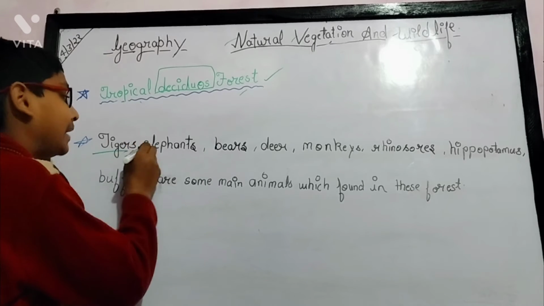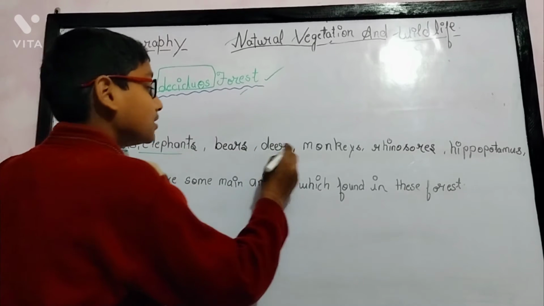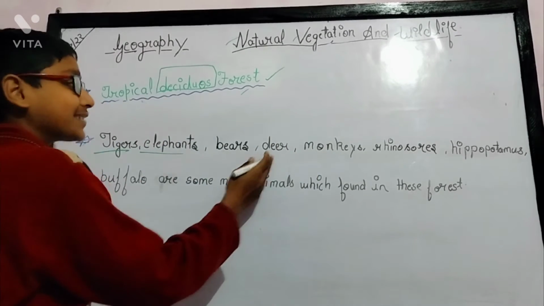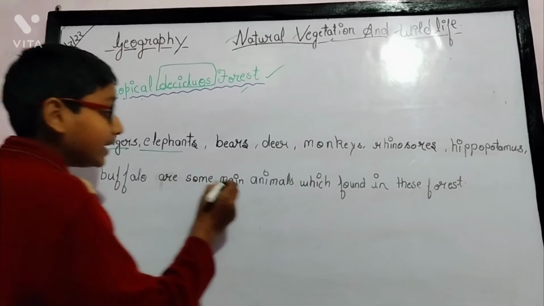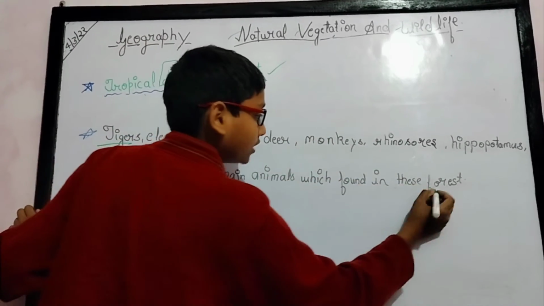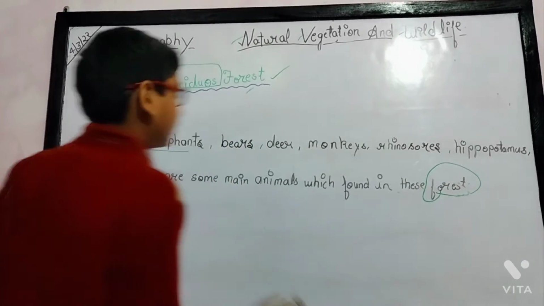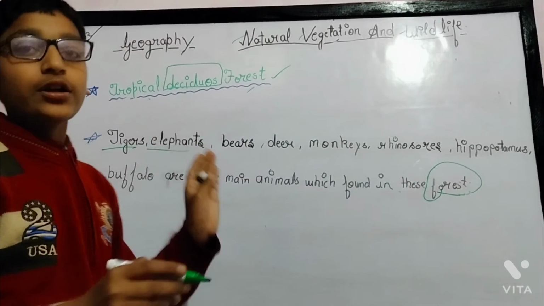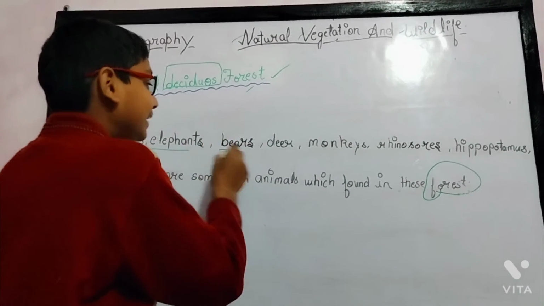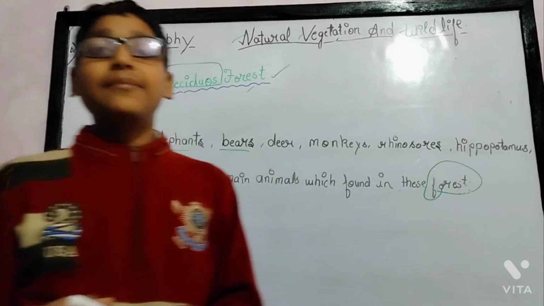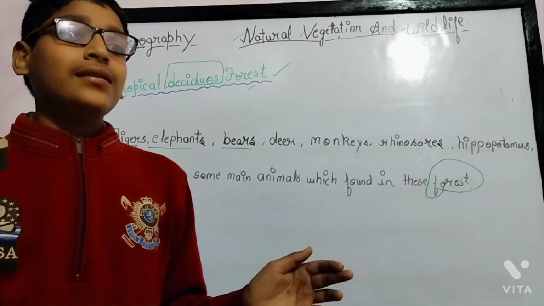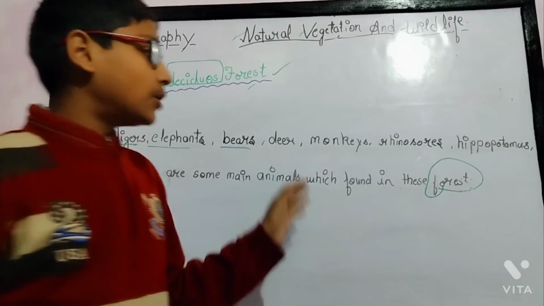Tigers, elephants, bears, monkeys, rhinoceros, hippopotamus, and buffalo are some main animals found in these forests. Not only these animals are found, no. Besides these animals there are also small animals like rabbits and jackals.